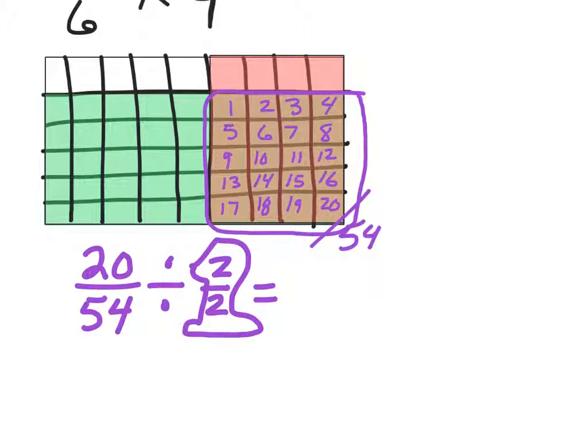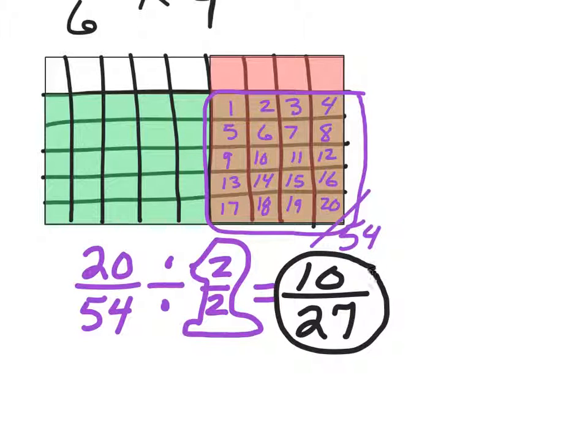And that will give us a simplified fraction. 20 divided by 2 is going to give us 10. I'm going to do this in black. And then 54 divided by 2 is going to give me 27. And right there, 10/27 is your simplified answer for 20/54.